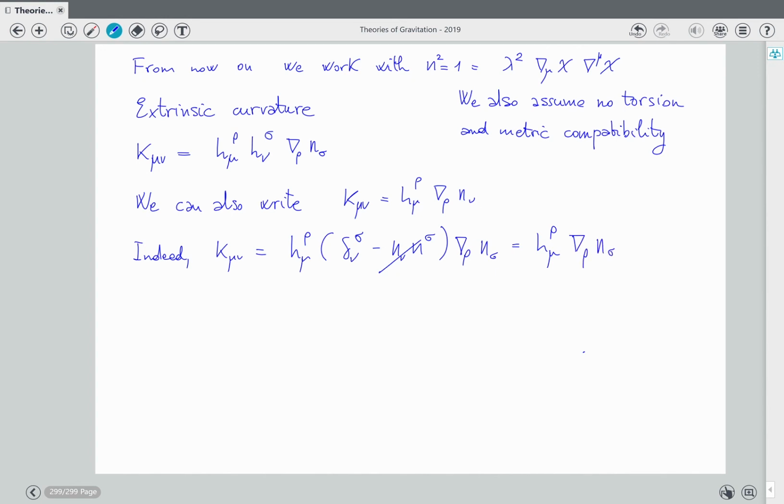Why can we drop the second piece? Because the second piece contains n^sigma del_rho n_sigma, and that is 1/2 del_rho n squared.